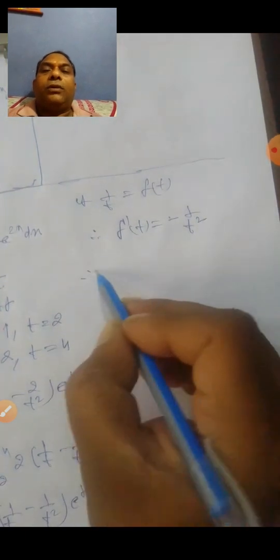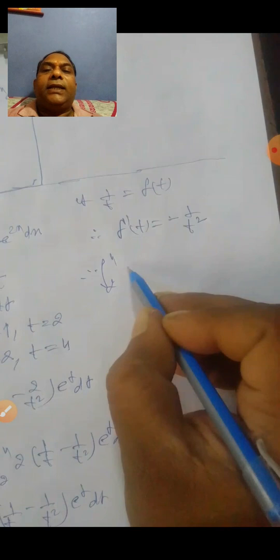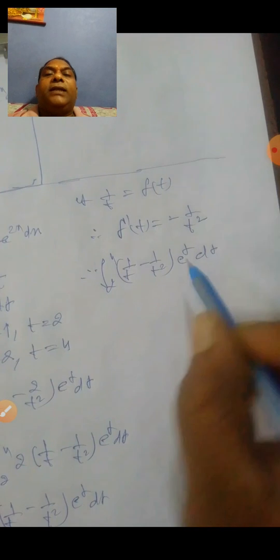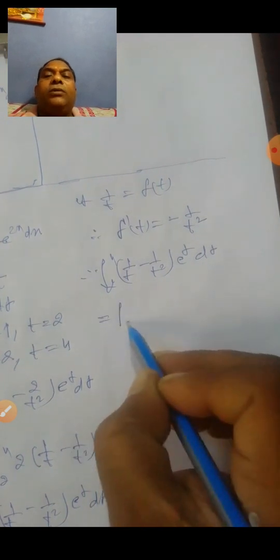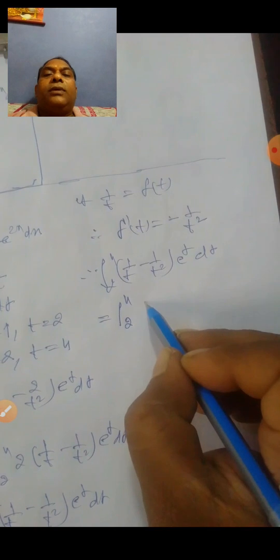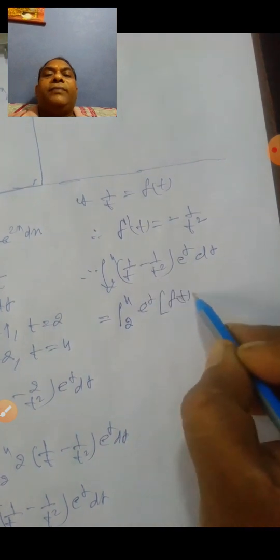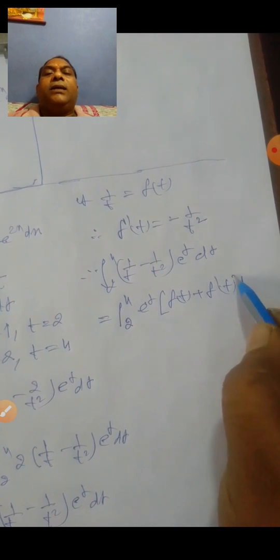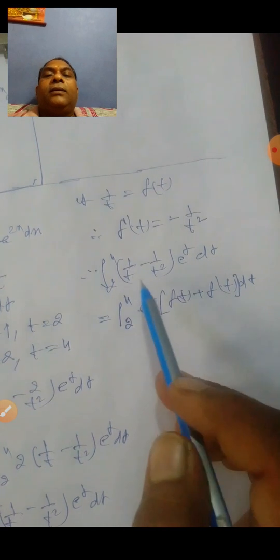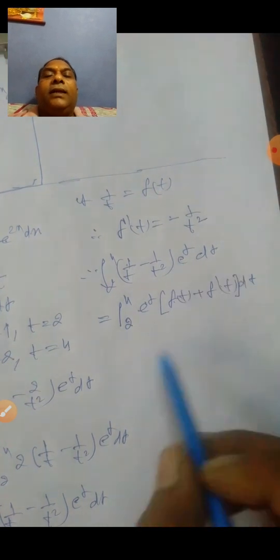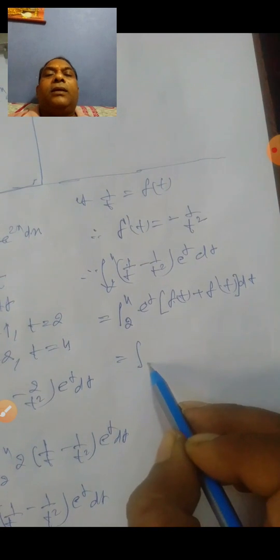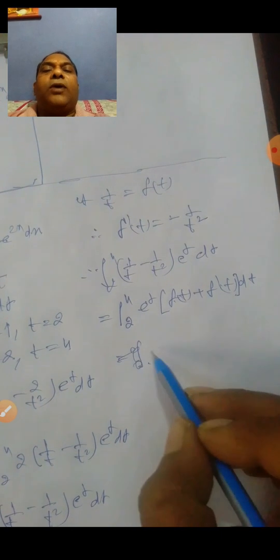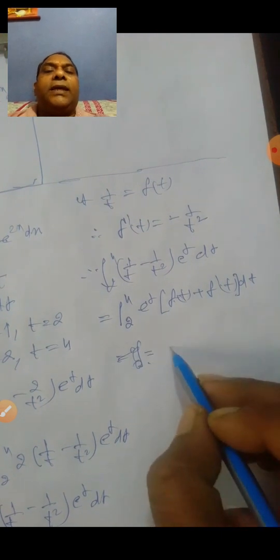So the given question will be equal to integration 2 to 4 of 1 by t minus 1 by t square dt, which can be written as integration 2 to 4 of f(t) plus f dash t, e to the power t dt, and we know that integration of e to the power x into f(x) plus f dash x dx is equal to e to the power x f(x). So this will be equal to e to the power t f(t).